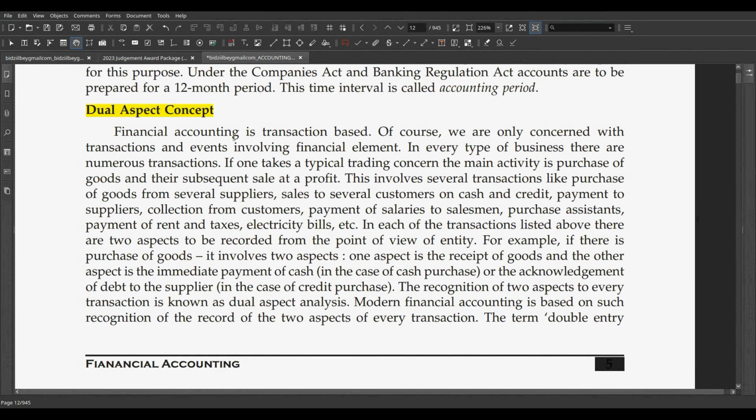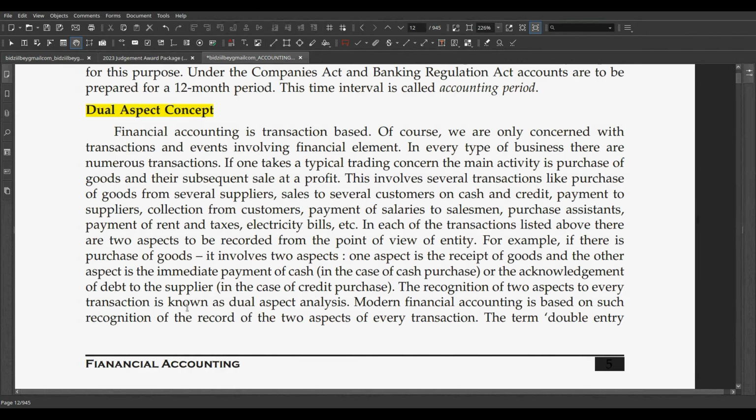Check this out. It says financial accounting is transaction based. Of course, we only are concerned with transactions and events involving financial events or a financial element. In every type of business, there are numerous transactions, and if one takes a typical trading concern, the main activity is purchase of goods and their subsequent sale at a profit.